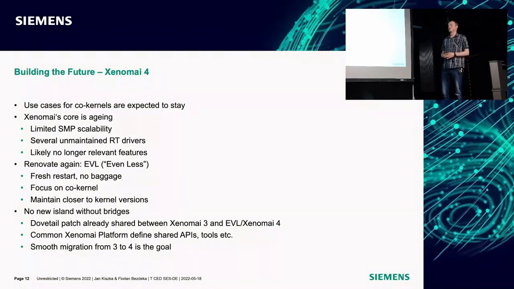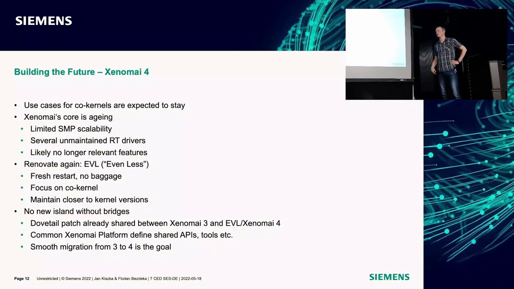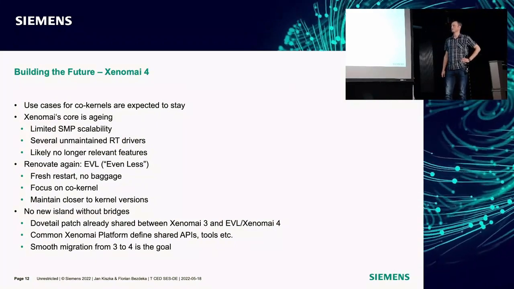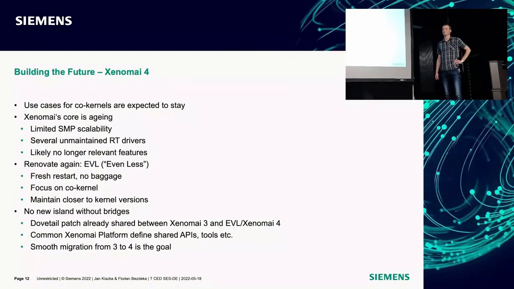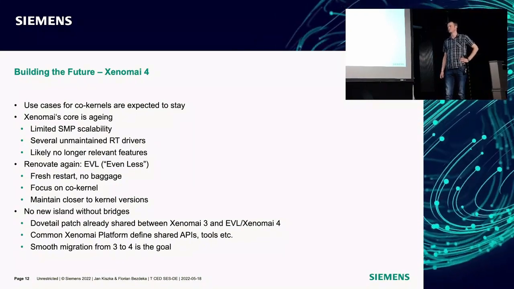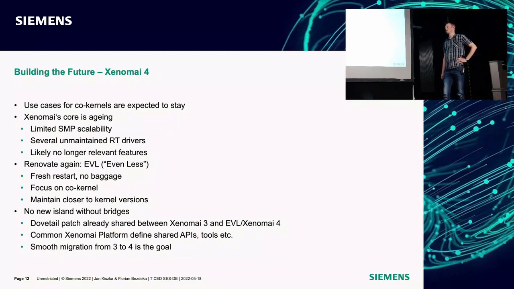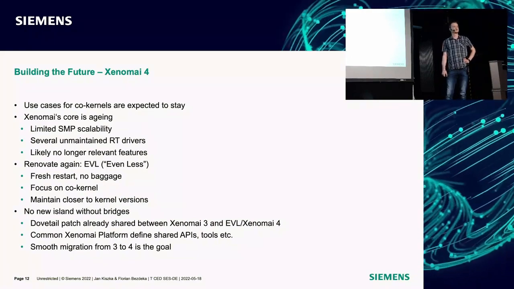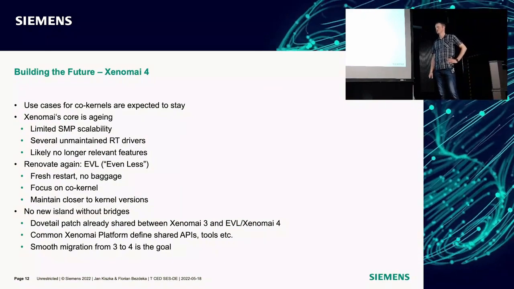And we have already, let's say, a next generation of simplification or renovation ahead. So that is the so-called EVL, so even less project, mainly driven by Philippe Giroum, one of the key contributors to Xenomai. And it looks quite nice for us, so we're quite sure that we will jump on that as well.